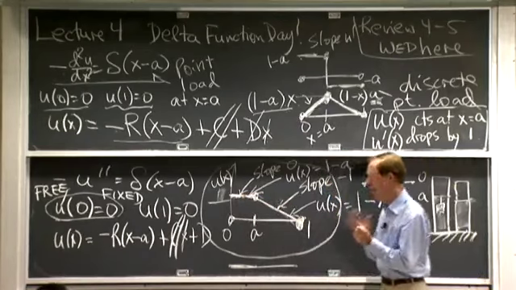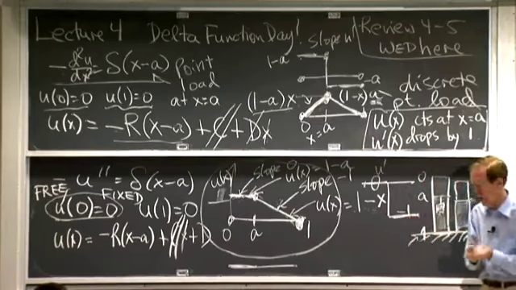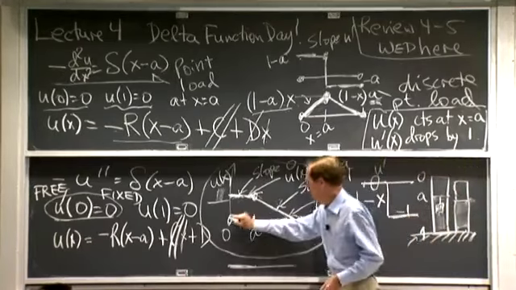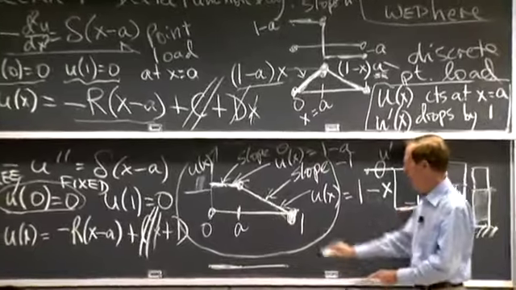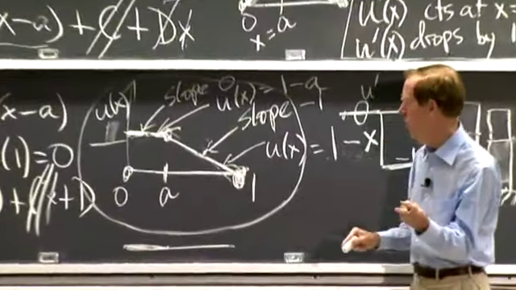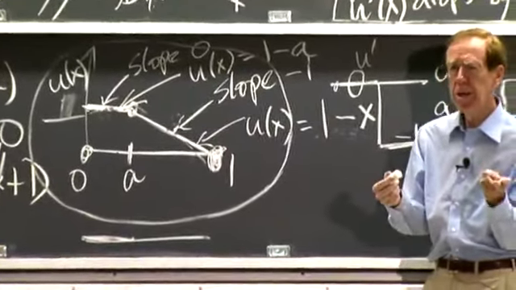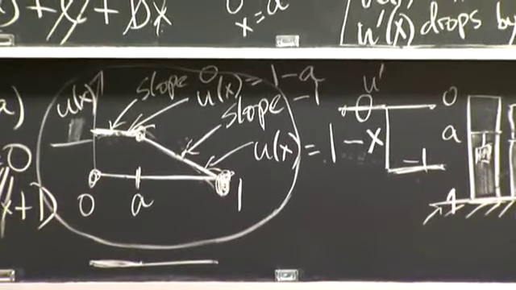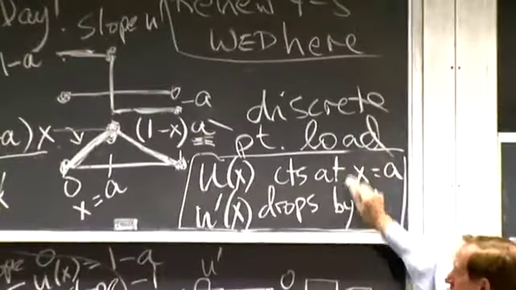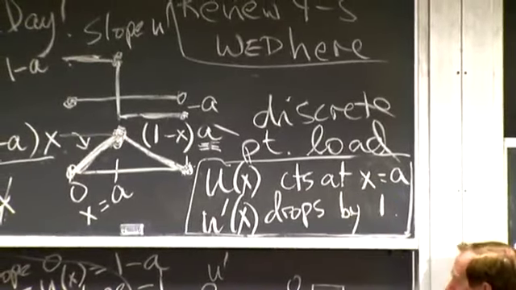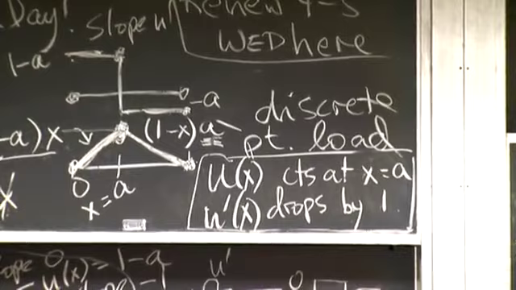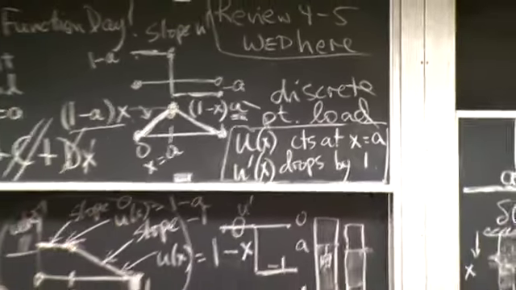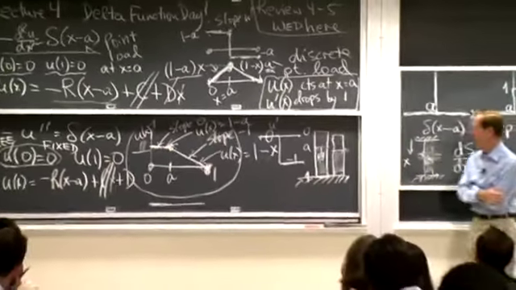But what are the 4 conditions that settle those 4 constants? Well, we have a boundary condition here, that's 1. Boundary condition here is 2. We need 2 more conditions to settle the 2 pairs of constants, and there they are. That's two conditions at the jump, at the discontinuity.